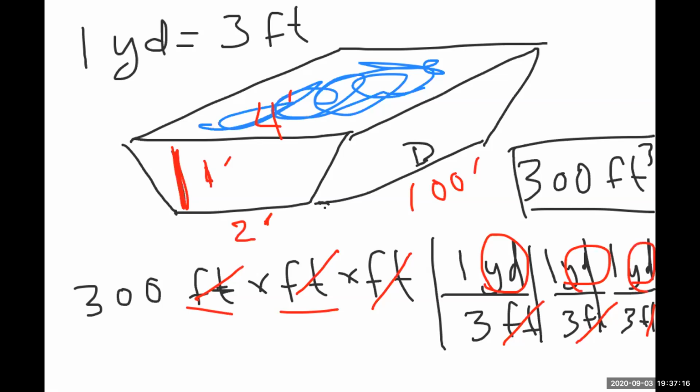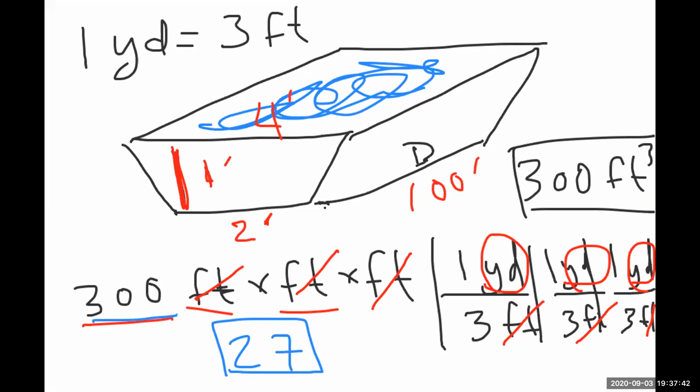Cubic yards, okay? Whenever you have to convert cubic feet into cubic yards, you take your cubic feet and divide it by 3 times 3 times 3, your magic number, which is 27. So you take 300 divided by 27.